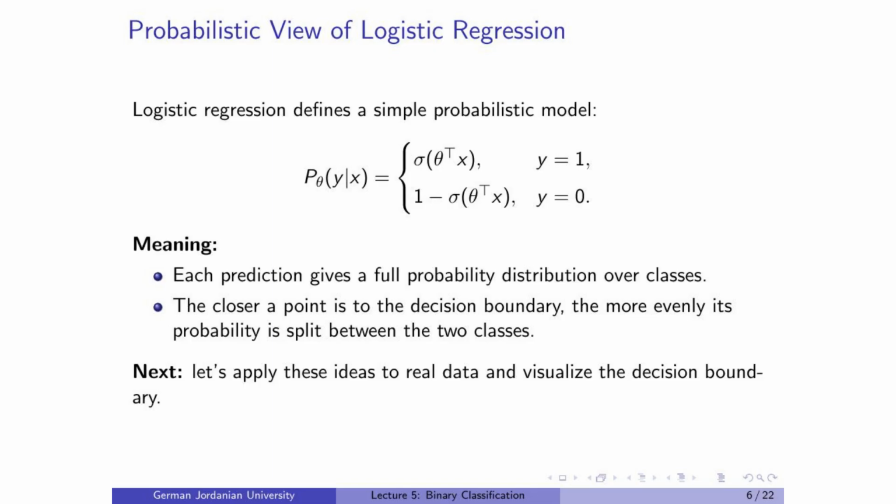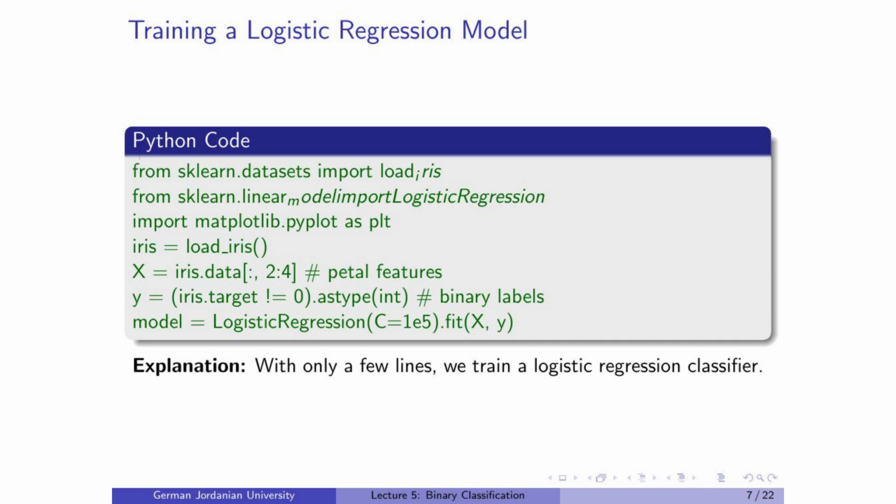This gives a complete probabilistic model. The output isn't just a label, it's a probability distribution over the two possible outcomes. We then move to implementation using Python's logistic regression function. The dataset, the model, and the optimizer interact here. The data provides features and true labels. The model computes predictions using the sigmoid.